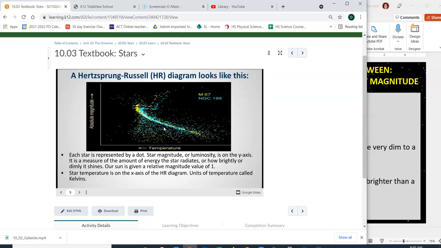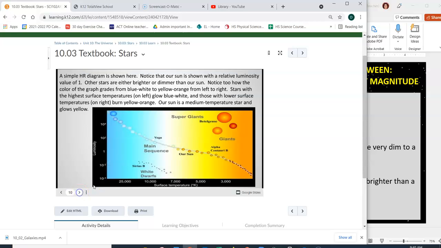Okay, so it's just a graph. This is exactly the same graph, but instead of absolute magnitude, they called it luminosity. But I want you to understand absolute magnitude and luminosity are the same thing. It's the brightness. You can say the relative luminosity or the absolute luminosity.